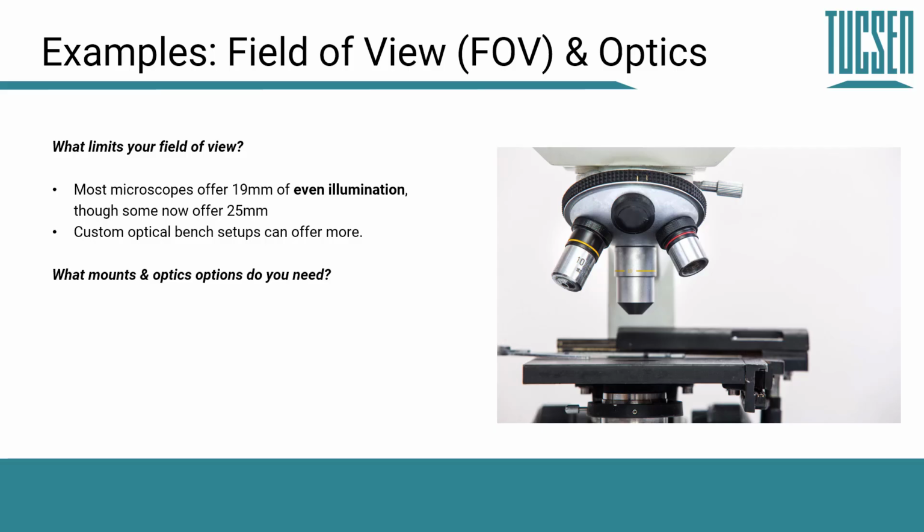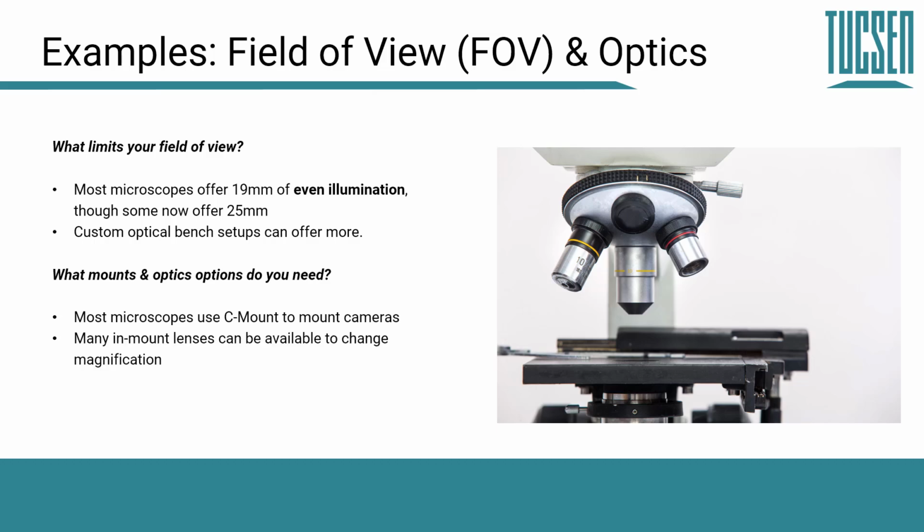We also need to bear in mind what different mounts and optics options we need. And as I mentioned before, most microscopes do use C-mount to mount the cameras, which, as we can see, with the 22mm maximum throughput of a C-mount, matches what most microscopes are capable of delivering. You can in fact get lenses inside the C-mount component to change the overall magnification of the system sometimes, which can help match things up.